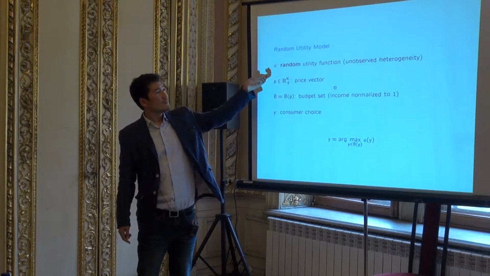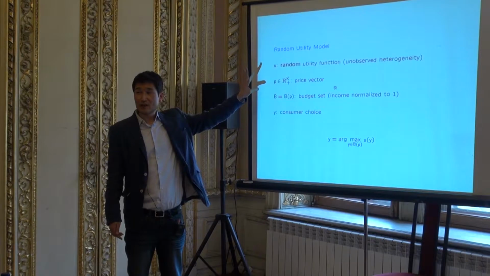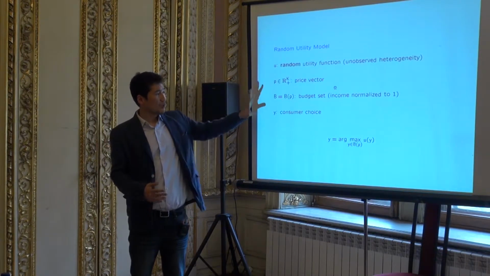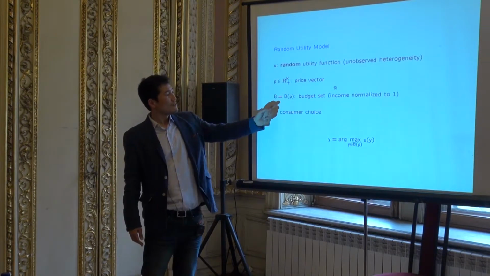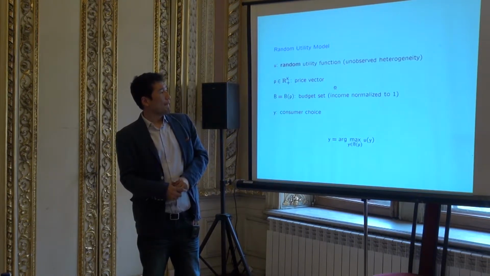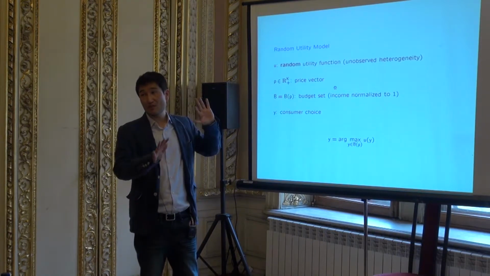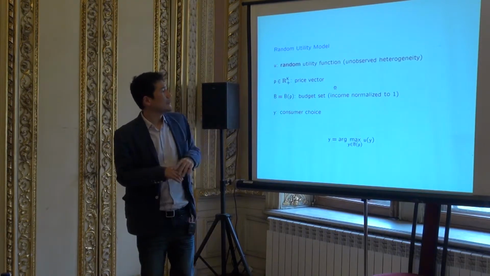U is each individual's utility function, and the problem is really simple. Price is P. To just fix notation, I say that's k-dimensional, but it really doesn't matter.